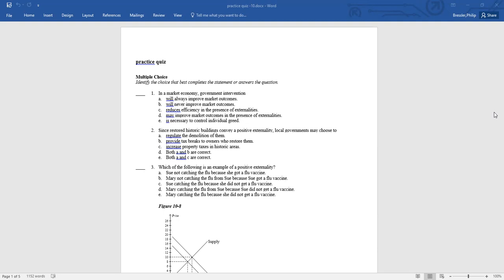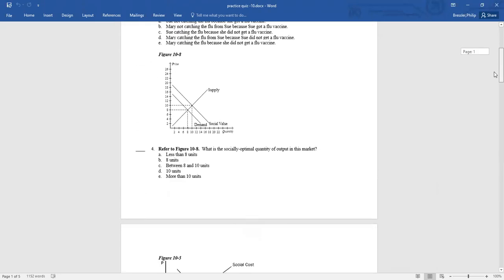Okay, let's scroll down a little here, and let's look at number 3. All right, when we look at number 3, we have demand. The first demand curve, where it just says demand, you could say private value or private benefit. And then you have the second demand curve, social value or social benefit. Anytime you're going from private benefit to social benefit, you know that it's a positive externality.